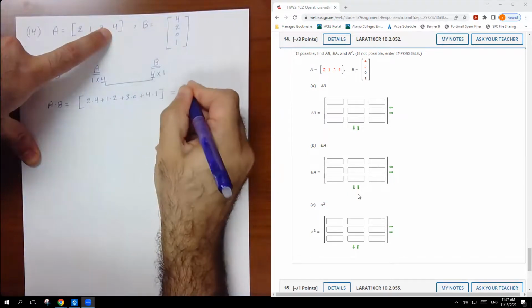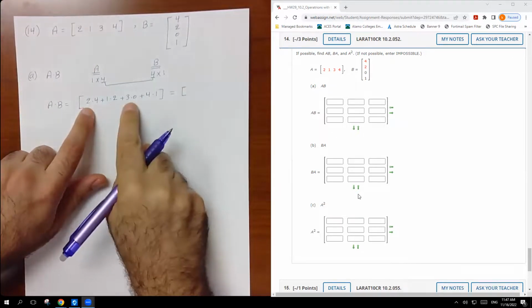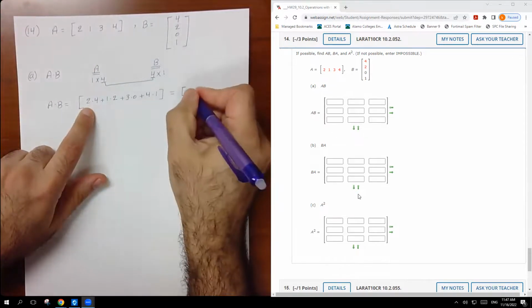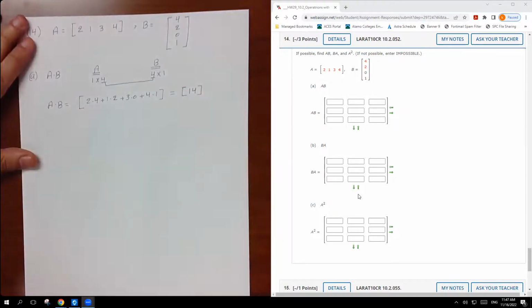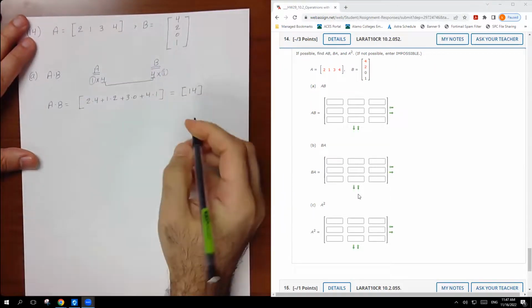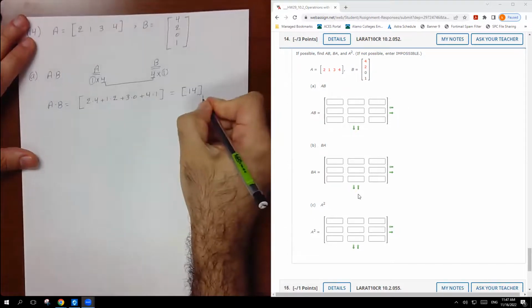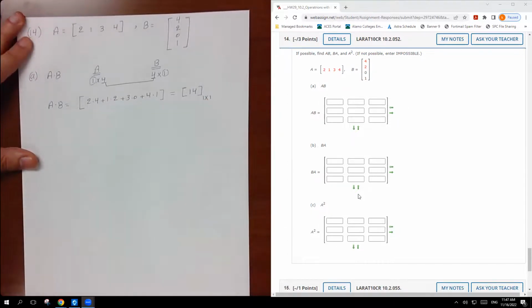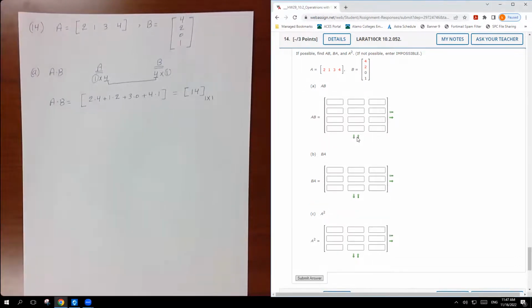So the result is going to be 8, 10, plus 4 is going to be 14. The new matrix has dimension 1 row and 1 column, so this is 1 times 1. So this is the first one. We're just going to type here 14.